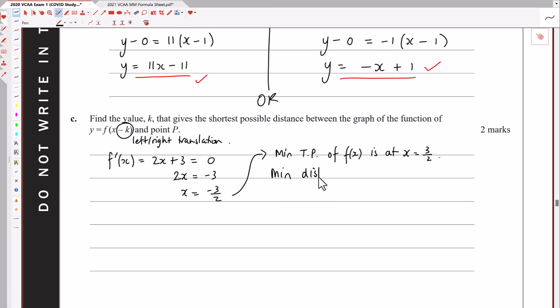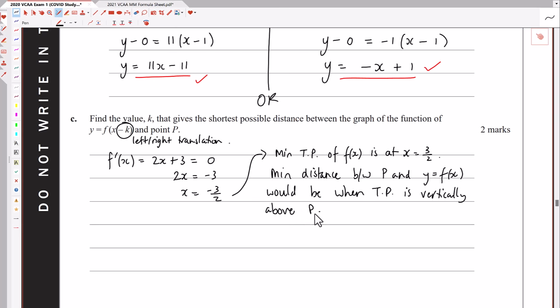The minimum distance between P and f of x would be when the turning point is vertically above the point P. And so, we know the turning point is back here at negative 3 on 2, and P is at 1, so we're going to need to translate this from negative 3 on 2 to 1.